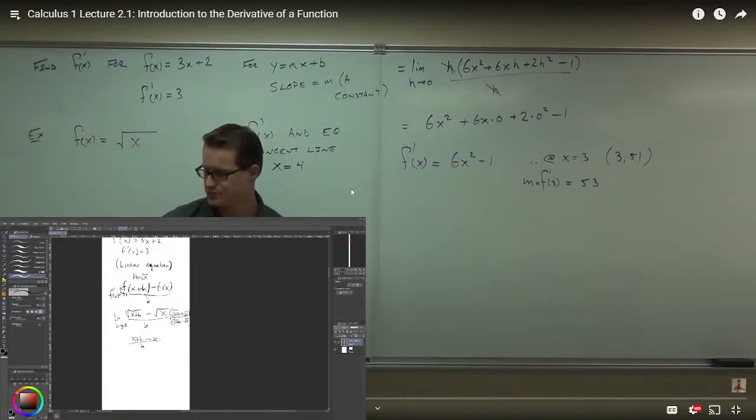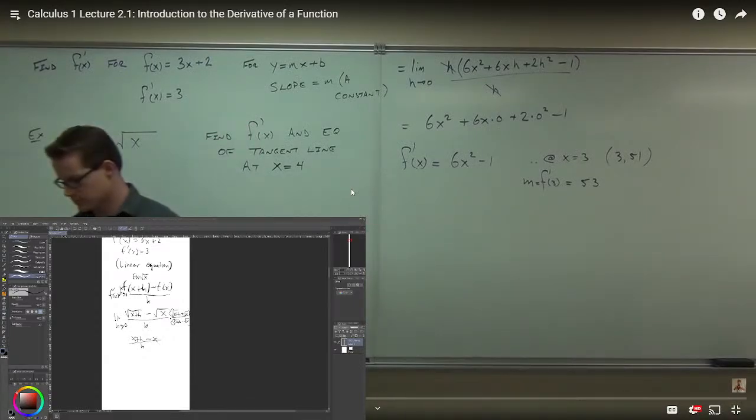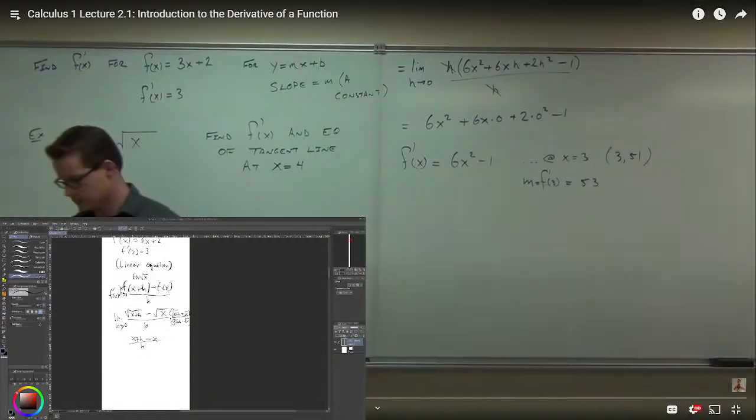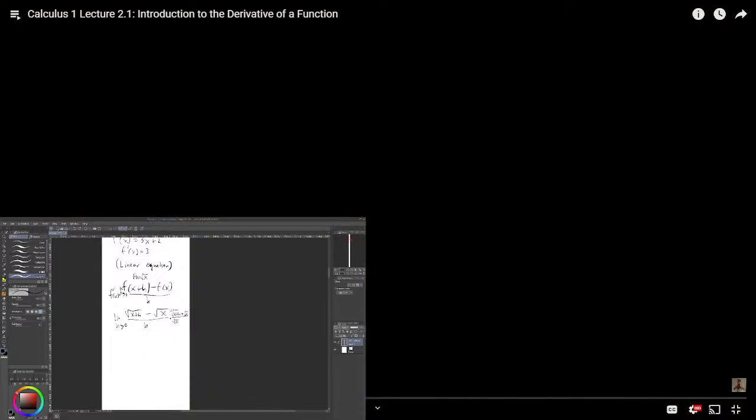Give it a try. Wait. At x equals 4. Alright, let me just try that then. Can you not solve for any point on this?